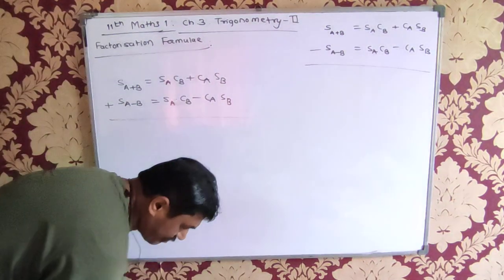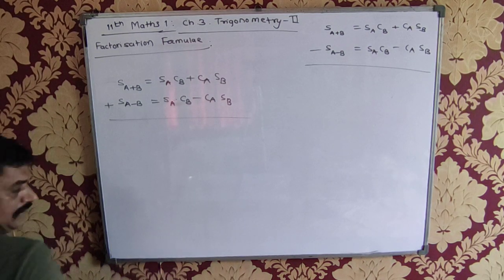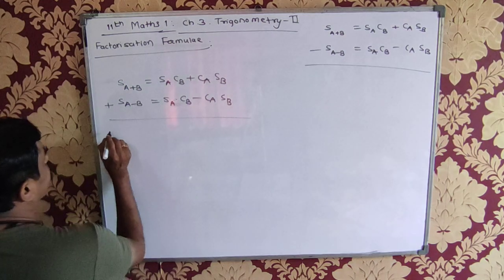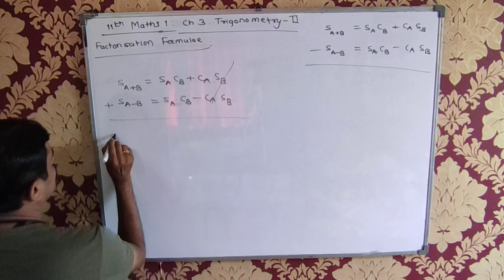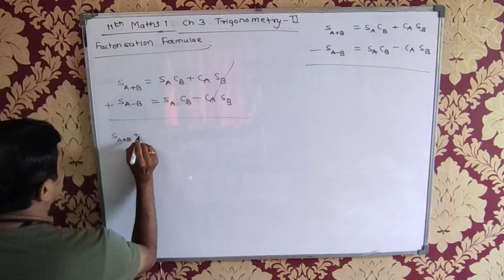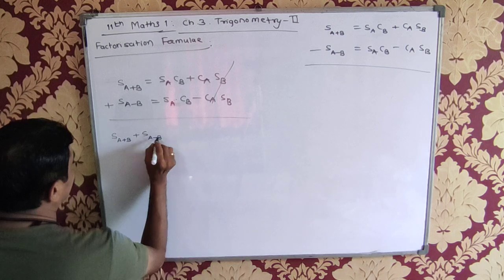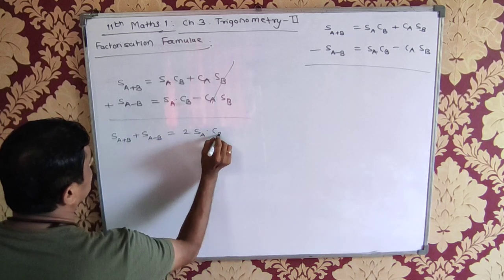What do we get there? This will get cancelled. So sine of a plus b plus sine of a minus b is equal to 2 sine a cos b.